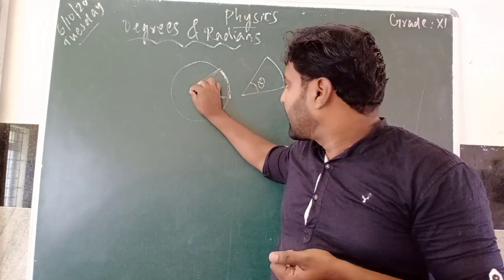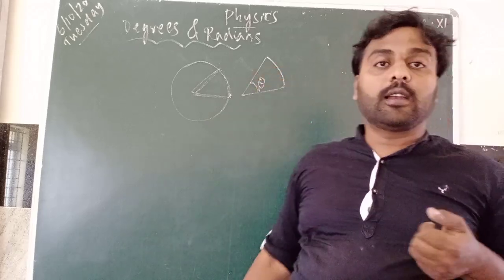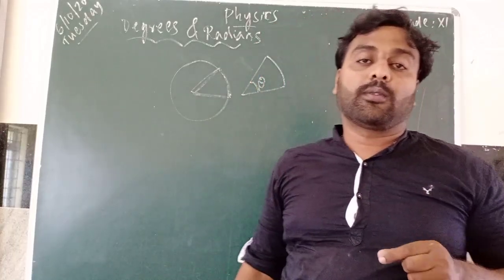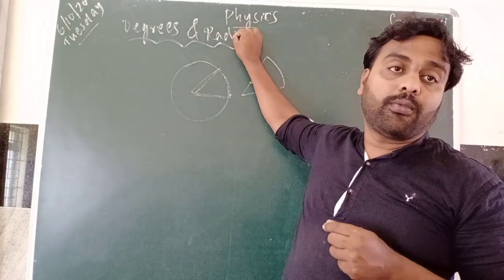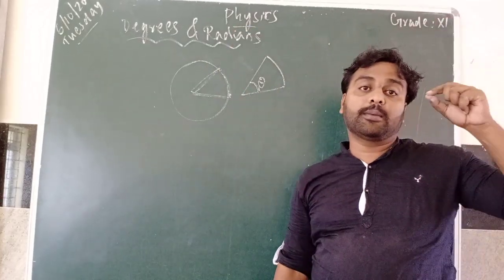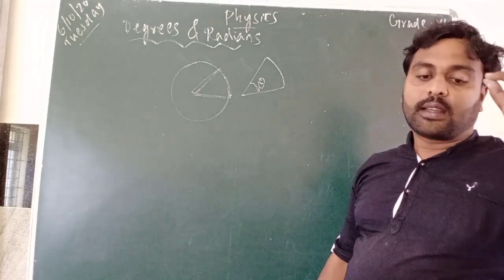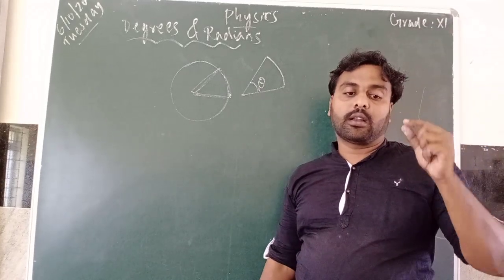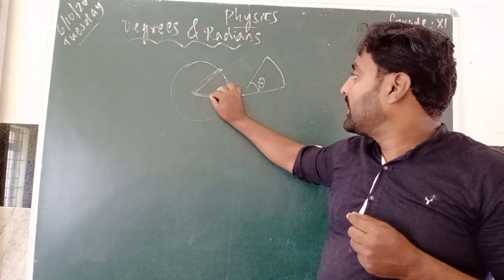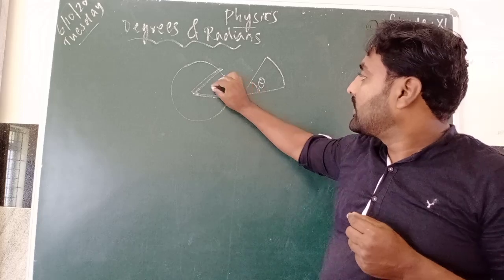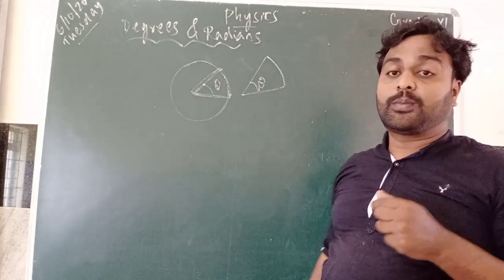So from this circle we are cutting a slice like this. There is an angle produced, and that is what we call the planar angle. And how can we define radians? It describes the planar angle subtended by the circular arc at the center of a circle. From the center of the circle, you see here there is a planar angle subtended.